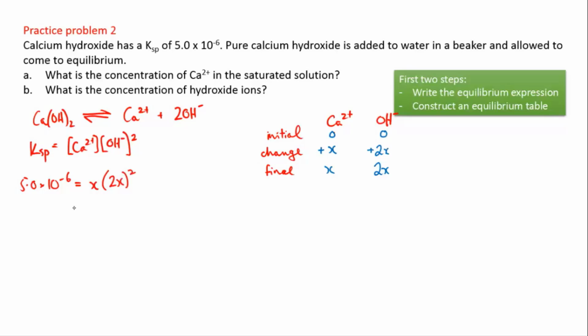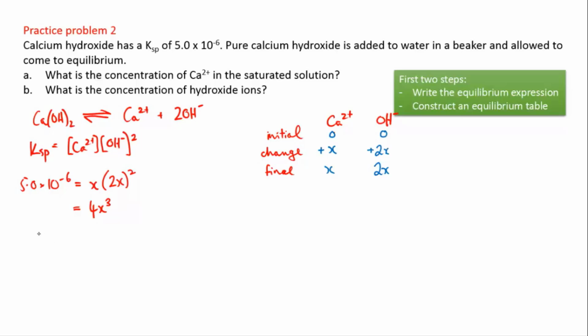So we simplify that out, and that gives us X times 4X squared, which is 4X cubed. And that gives us a nice, easy algebraic problem to solve. Simply 4X cubed equals 5 times 10 to the minus 6.